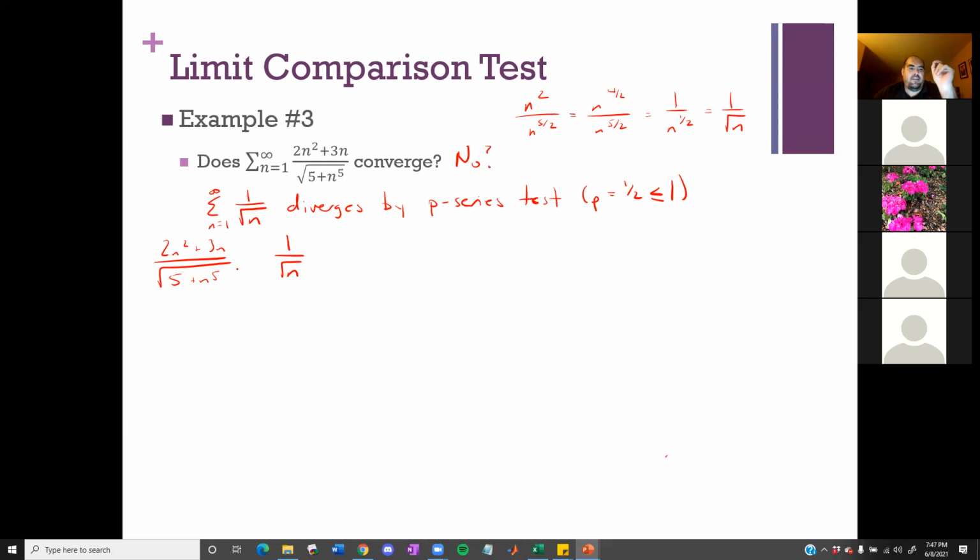So which one of these sequences do I need to be larger, the one on the left or the one on the right? One on the left. I have one sequence whose series diverges, so the only way to show that something else diverges is to show that it's larger. So let's give ourselves some room and set up a string of inequalities that show that the one on the left is always greater than the one on the right.